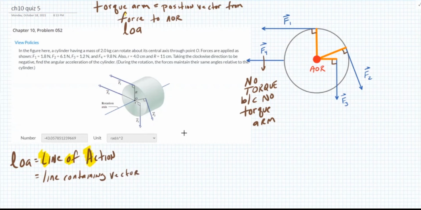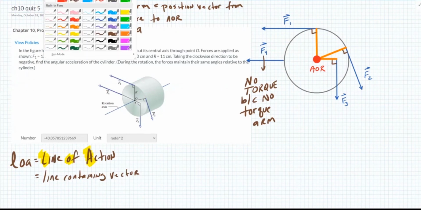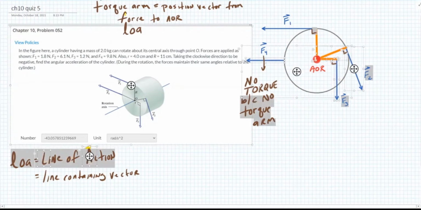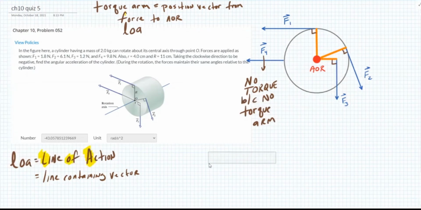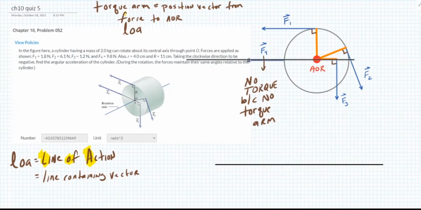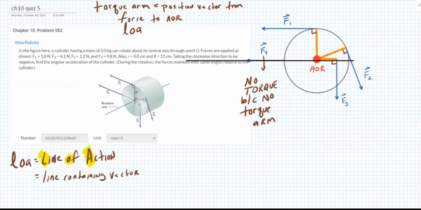Ready? I'll draw it down here and then I'll relocate it. Wait for it. This is the line. Okay, good. Let me relocate it. So this black line, this is the line containing the vector, and it's a line, so it goes off to infinity in all directions.